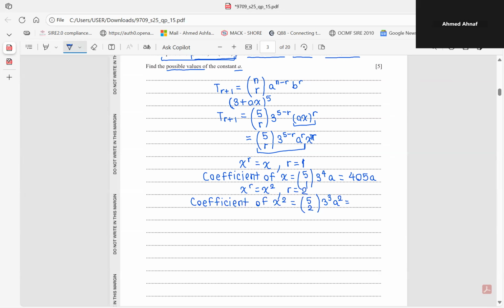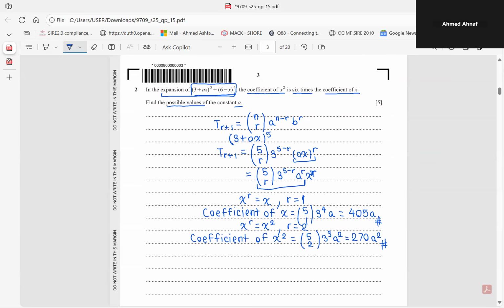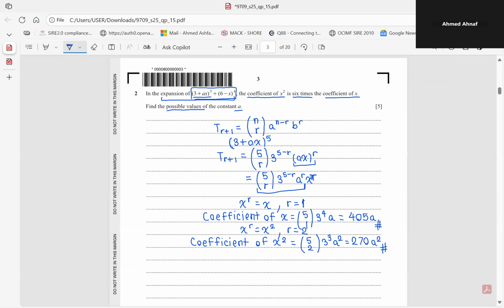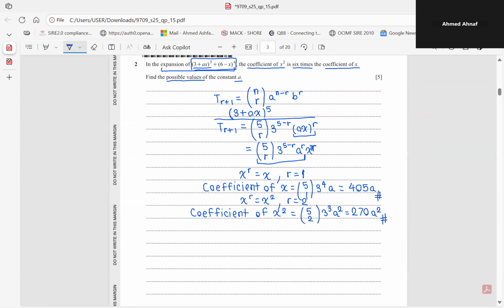So 5 choose 2 times 3 cubed, that's 270a squared. So these are our coefficients for our first expansion, 3 plus ax to the power 5.